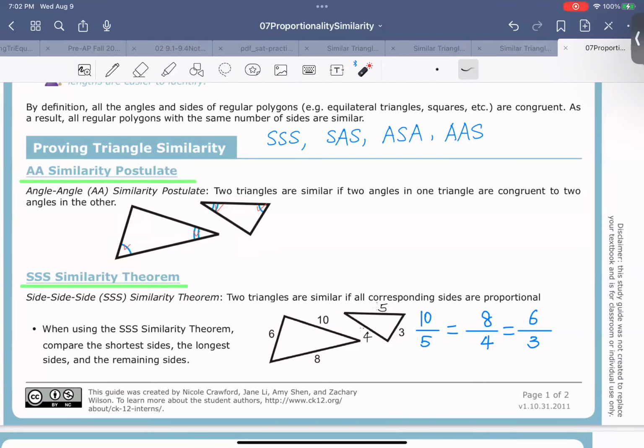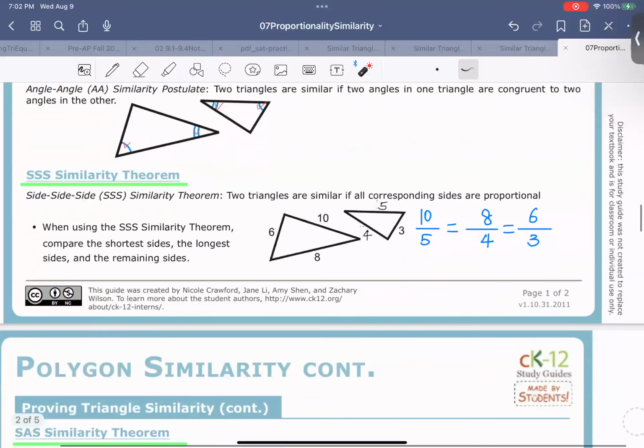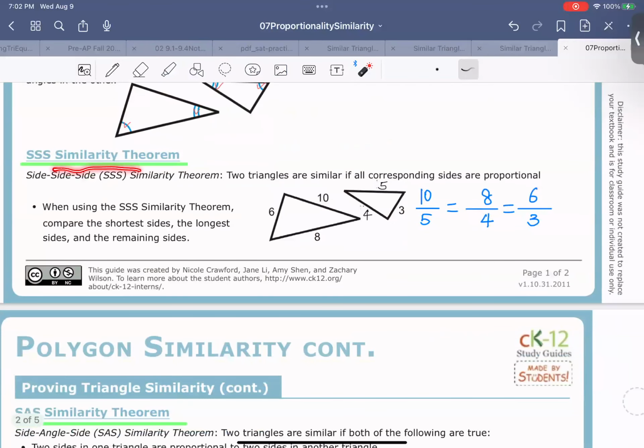Similar means their shapes are the same, means their angles are equal, but the sides might not be equal. The second theorem is called SSS, as you see over here. If you have two triangles with the three side ratios correspondingly equal, then you can call these two triangles similar.